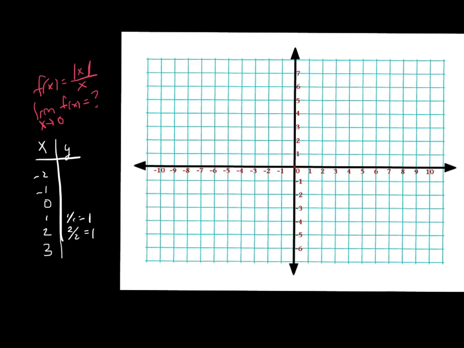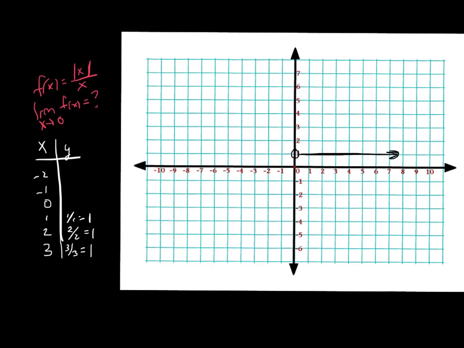And you can kind of see how no matter what value you choose greater than 0, this is always going to turn out to be 1. So on our graph, for all values that are greater than 0, we are going to have function values of 1. So we're going to have an open circle here, function values of 1.